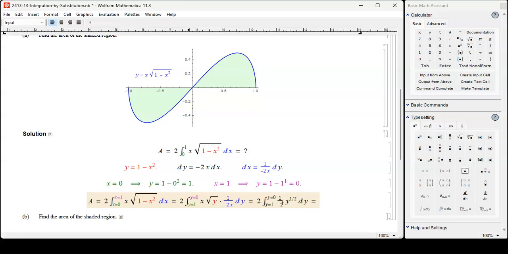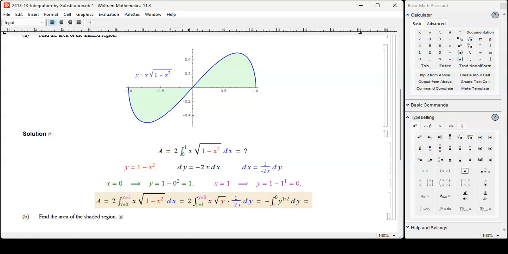Okay, this -1/2 and 2 will cancel out. We'll get negative of that. And then here we only have y, so there's no reason to specify the variable like that here. So we get that integral computation.